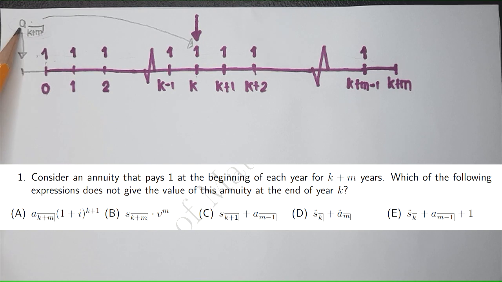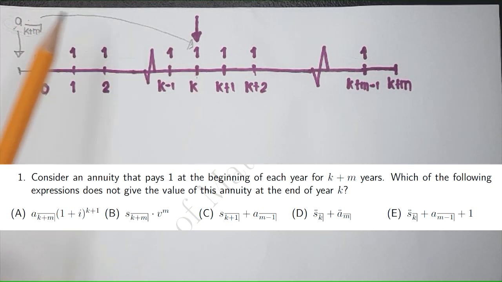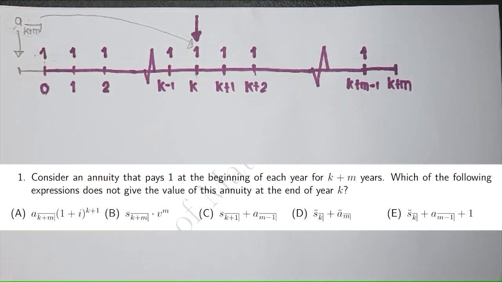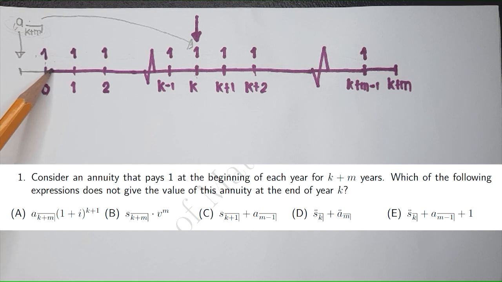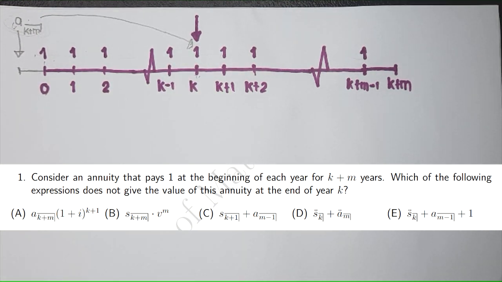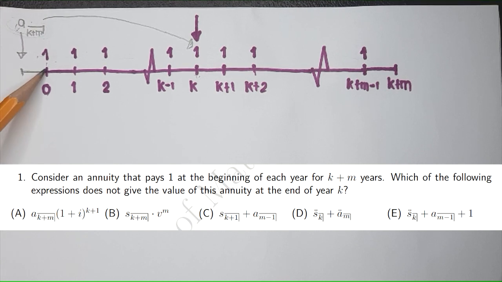Okay? Ngayon, this single value, you're going to carry it to time K. And this process is accumulating. So, all you have to do is to multiply this actuarial symbol by 1 plus I raised to kung ilang years ang dadaanan niya. And that is clearly K plus 1.